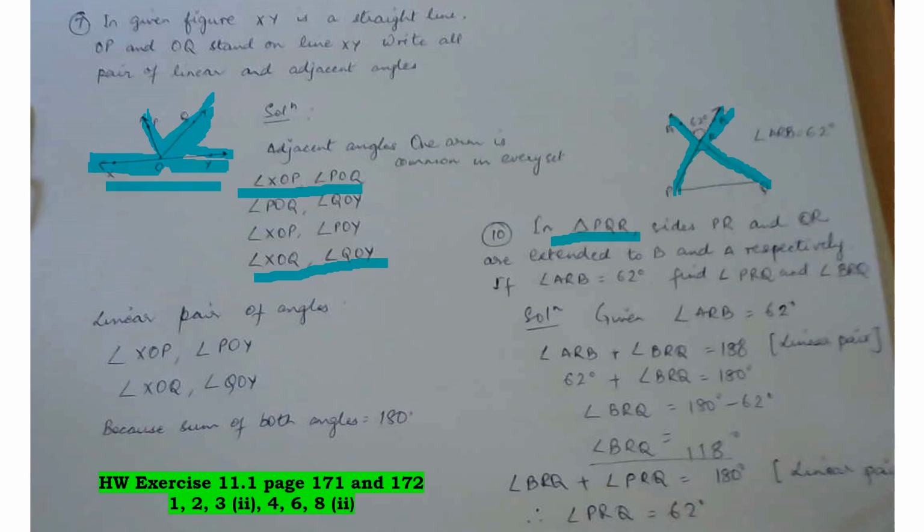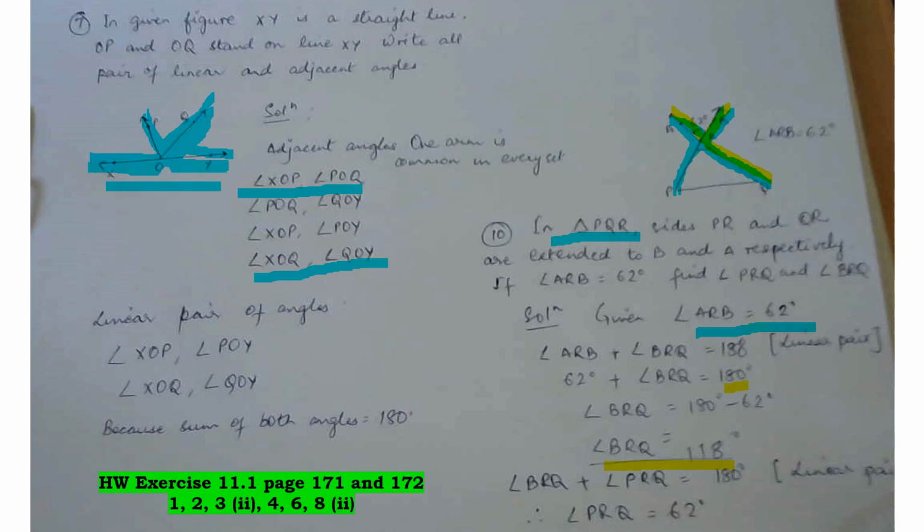From the given figure, angle ARB is 62 degrees, it is already given, and angle ARB and BRQ are a linear pair of angles. So this will add up to 180 degrees and you will get the value of angle BRQ as 118 degrees.